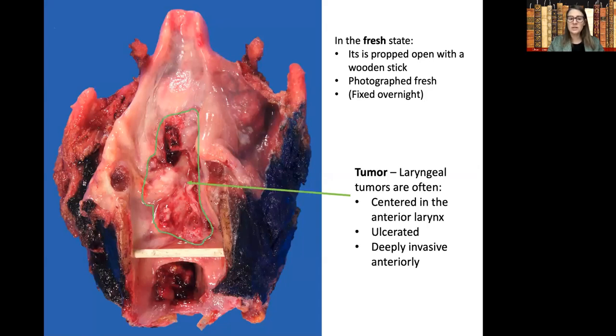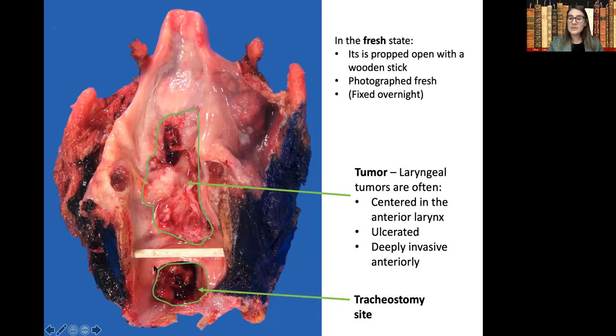In this case, you see the tumor mostly as a kind of hemorrhagic ulcerated area. Usually the laryngeal tumors are centered in the anterior larynx, as in this case, and they tend to be ulcerated. And don't let that fool you because they can actually be very deeply invasive anteriorly, even if they don't have much posterior proliferation into the lumen of the larynx.